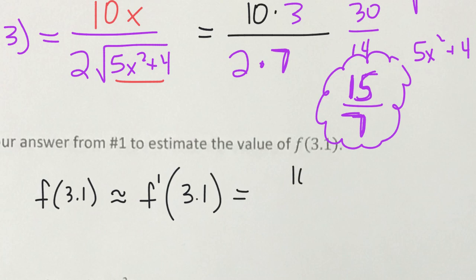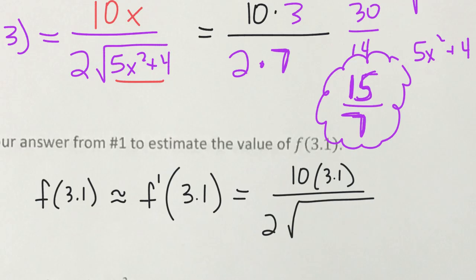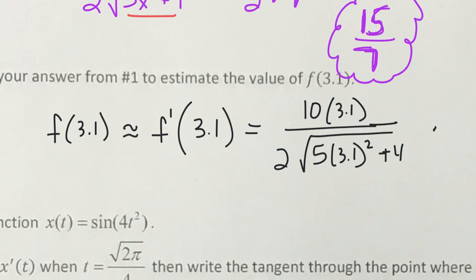So we have 10 times 3.1 over 2 times the square root of 5 times 3.1 squared plus 4. And you know what? For AP Calculus, that is good enough. This is a no calculator not active, so that's all we need to do to estimate the value. Make sure we have the word approximately, because it is not equal to, it is approximately.